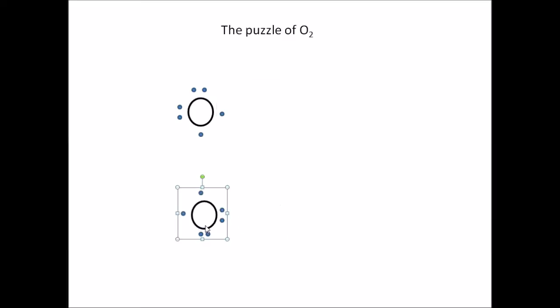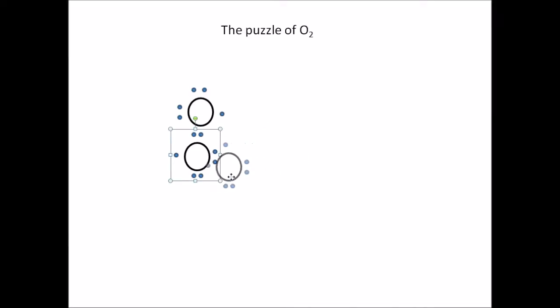And similarly, if you said, well, I'll line up these dots, then same problem. 7 and 7, you need 8 and 8 without adding any electrons. Some of you may have thought, well, maybe I can do this if I have 4 oxygens, which is true. If you had 4 oxygens, you could line up all the single dots. But it's O2, it's not O4.